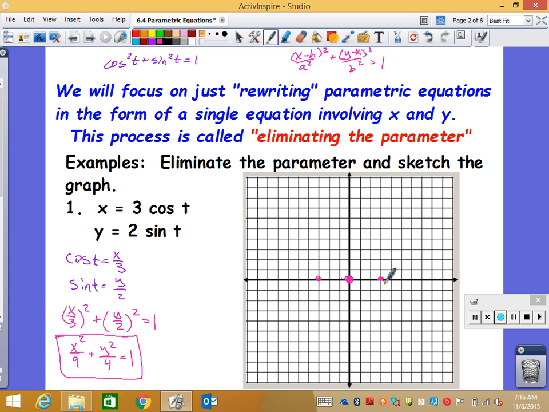Then in my y value, my second term, it's all over b squared. Well, that's y squared over 2 squared, so I'm going to go 2 up and 2 down, or 2 in my y direction both ways. And from there, I just connect the dots. And that's the graph of this parametric equation.